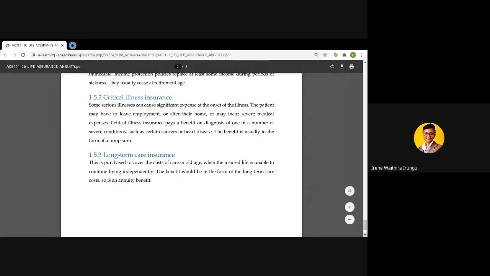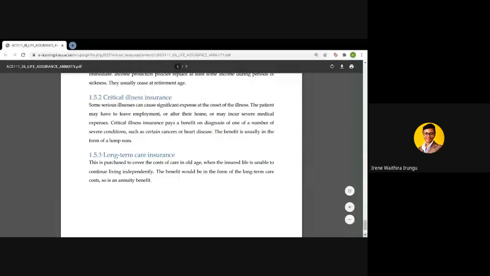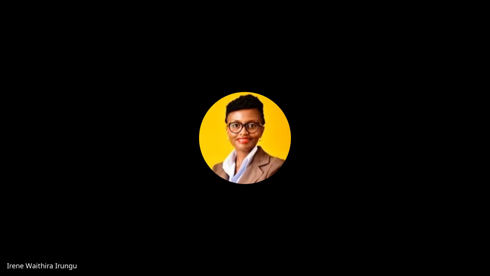The benefit usually offers a lump sum. So if when you are healthy you had bought a critical illness policy, and then you are diagnosed with cancer, let's say 5 years after buying the contract, the insurance company can pay a lump sum to help you meet the cost of the medical bills associated with that critical illness.